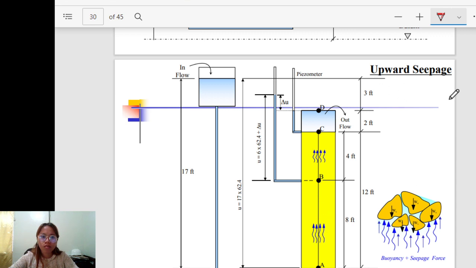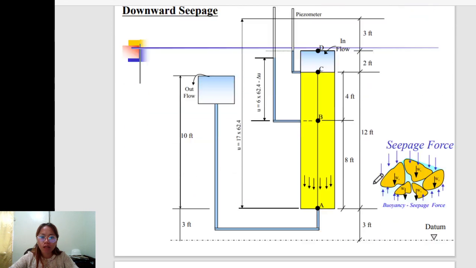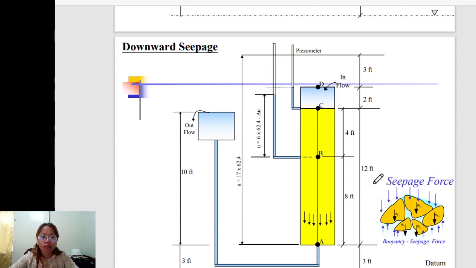So if this is the soil, then you have the weight and the buoyancy. The force in the soil mass is buoyancy plus the seepage force. This is for upward seepage. While for the downward seepage, the inflow of water is here.